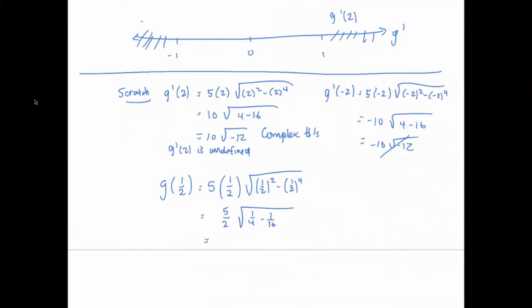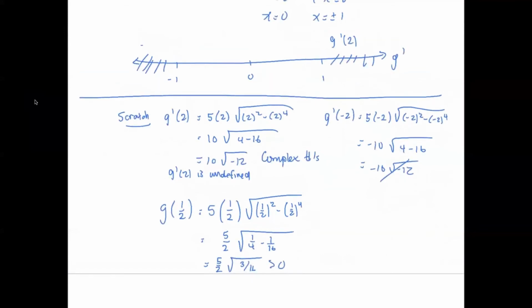But it doesn't matter what that number is. I mean, that number is going to be 3/16, but this is positive. So on this side, I plugged in g prime of 1/2, and I got that it's greater than 0. So from 0 to 1, g is increasing because the derivative is positive.